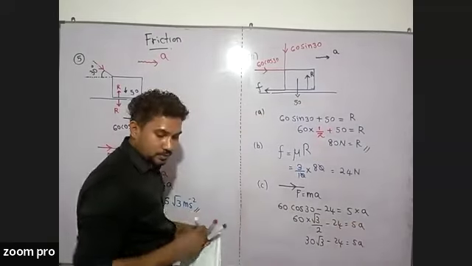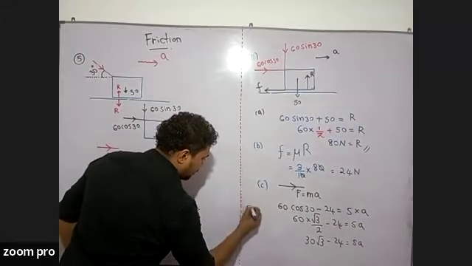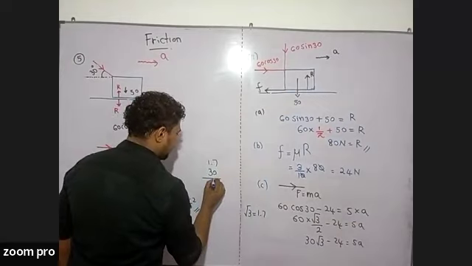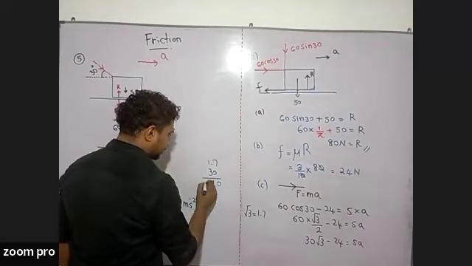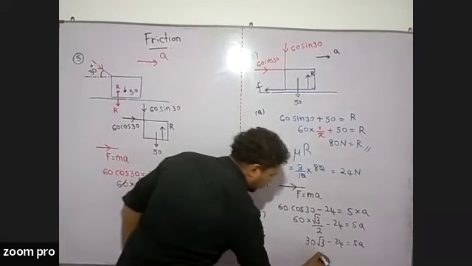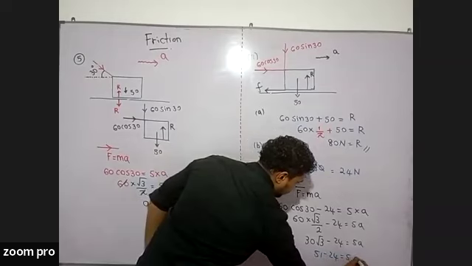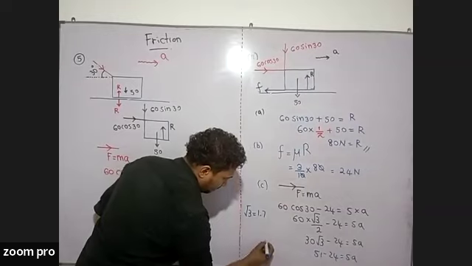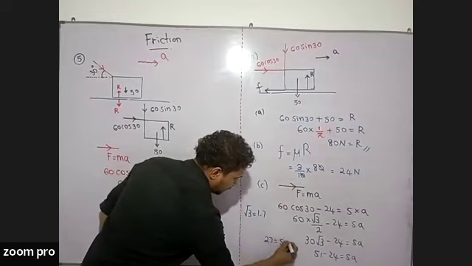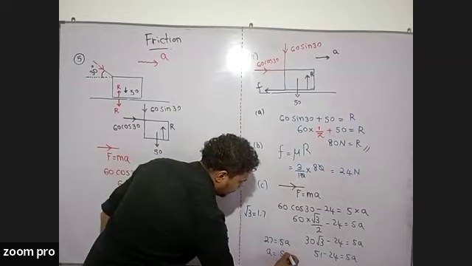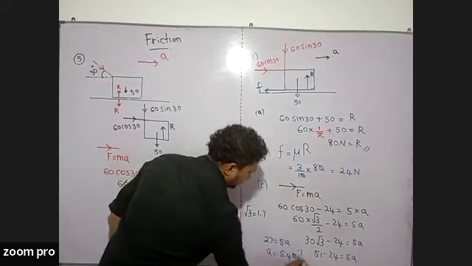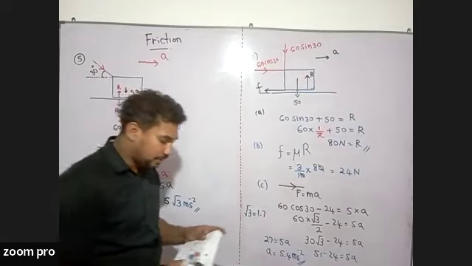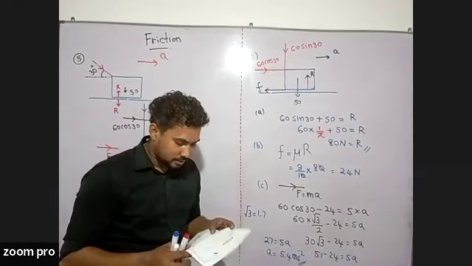If we consider the value of root 3 as 1.7, then if I make a simplification, this should be 51 minus 24 equals 5a. That means 27 equals 5a, then a should be equal to 5.4 m/s², right? So this is the acceleration, right? So now you have to be familiar with this kind of simplification, right?